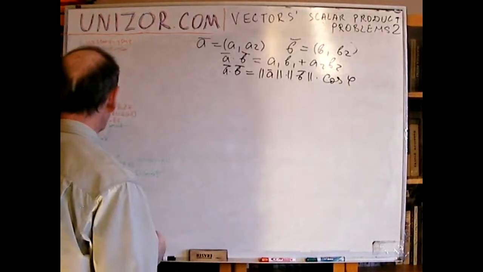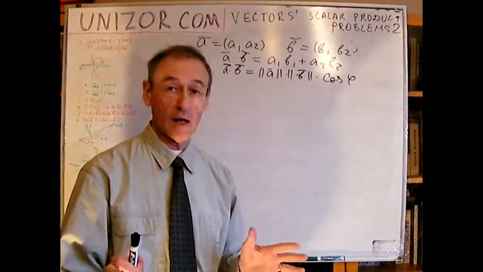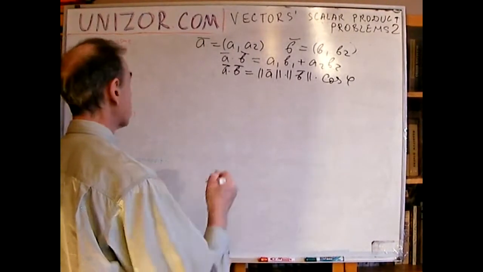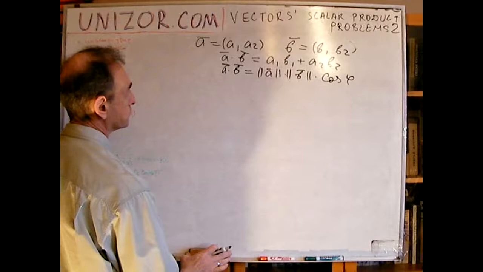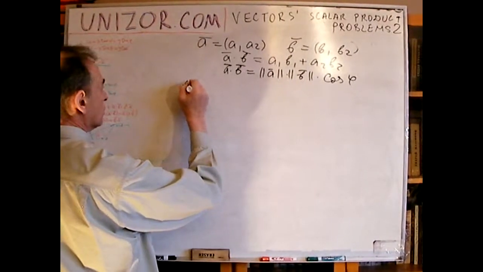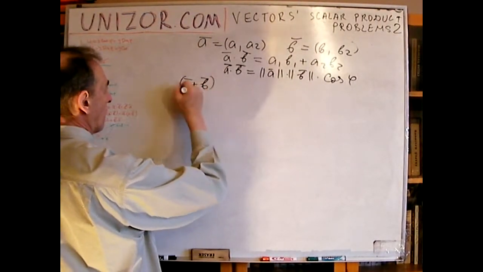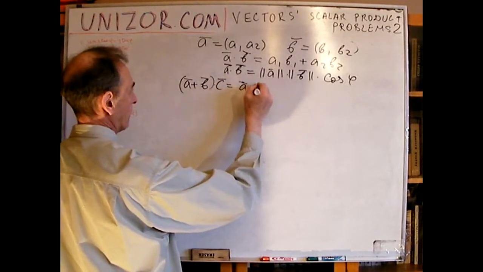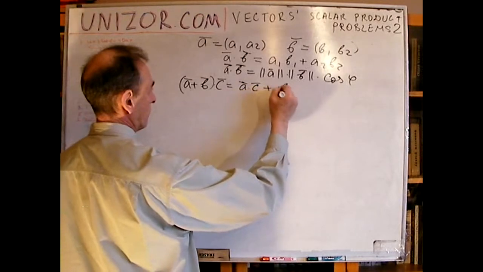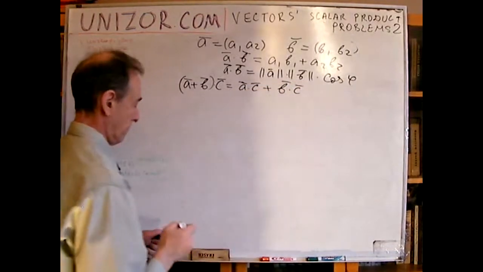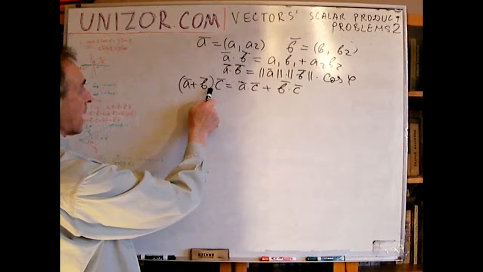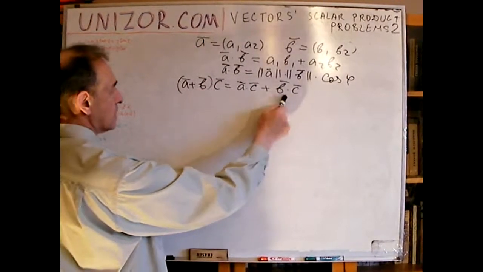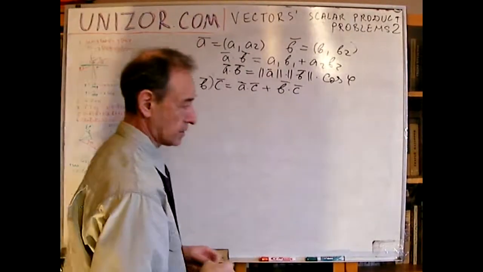Okay, and the last one is a little bit more involved, is distributive law. So distributive law is this. So this is a scalar product of sum of two vectors by the third one, and these are two scalar products of these two vectors.